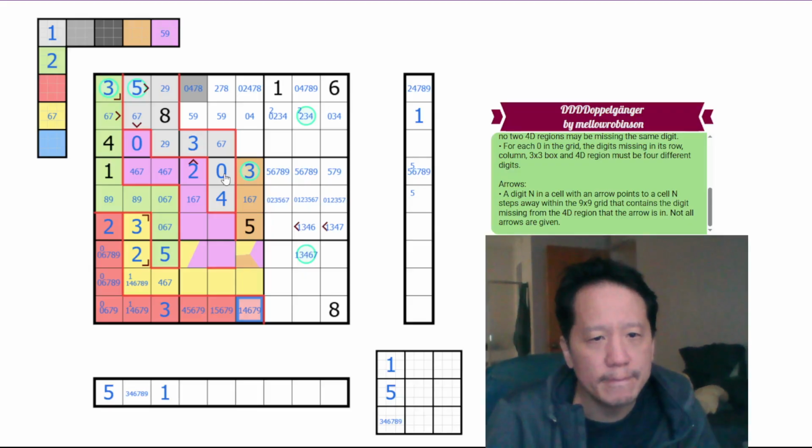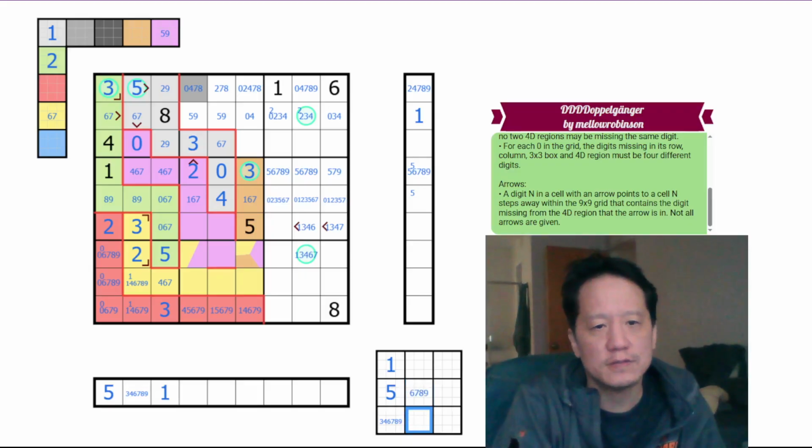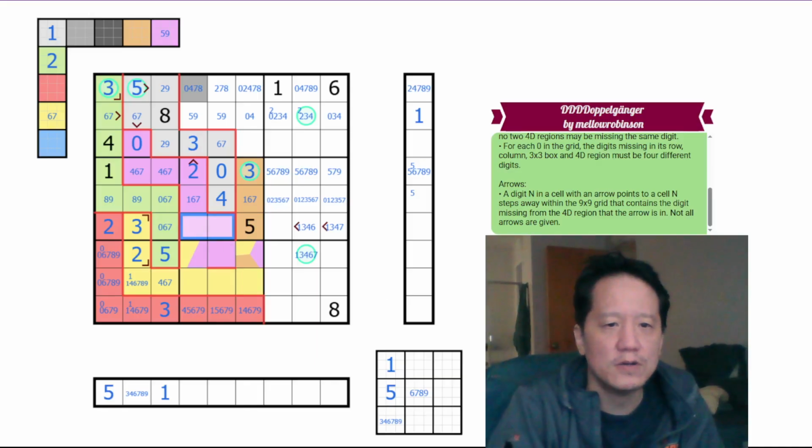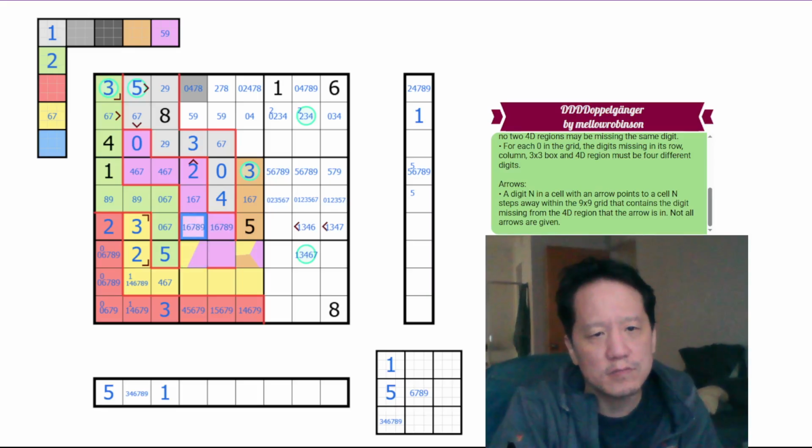We can't be missing 1 in box 5, so we're missing 6 through 9. So remaining digits in the box are 1, 6, 7, 8, 9.